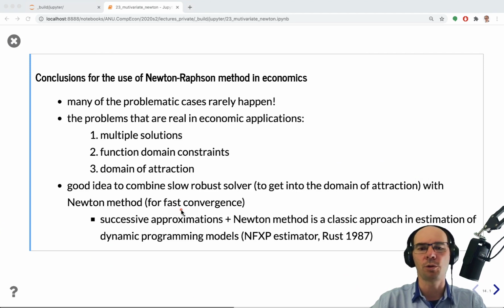And then you can switch to a Newton method for fast convergence. And that's exactly how a classic estimation method called nested fixed point estimator in discrete choice dynamic models is designed. It was designed some time ago, but still remains one of the most powerful estimators for the dynamic discrete choice models.